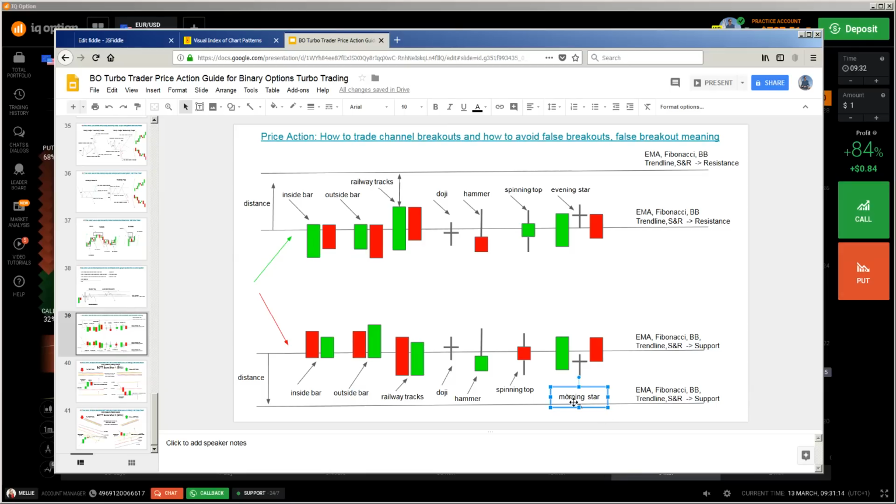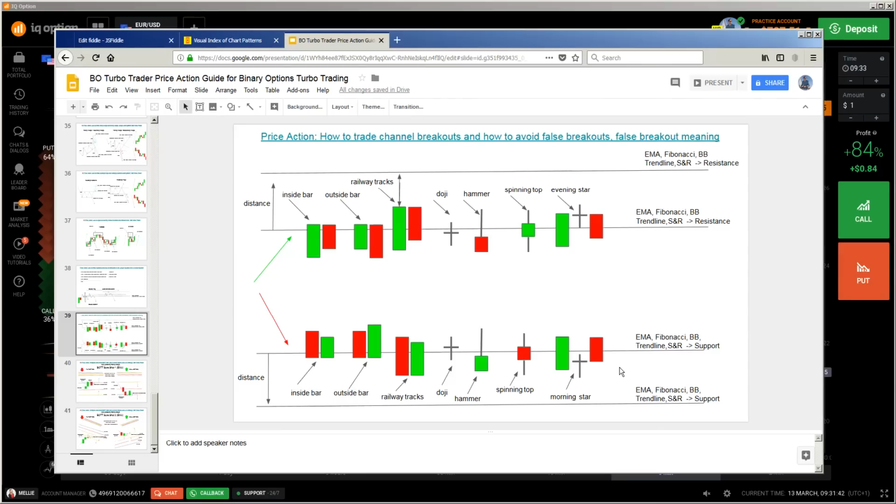If you have something like this on the 20 EMA, which is broken much more easily because it's only a 20-period thing, 20 candles, then you have to be much more aware of the trend, how strong the trend is, the volatility, and whether the Bollinger Bands are forming right for a breakout, and so on.